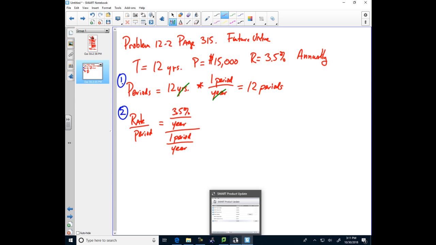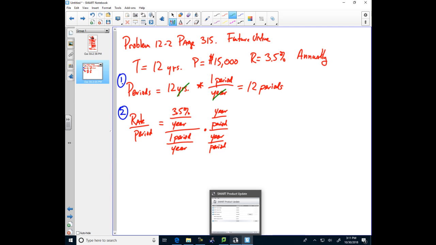This is a complex fraction, isn't it? To simplify this, you invert the denominator. So here's what you're going to have. You're going to have year over period and then year over period. Remember how to simplify a complex fraction? And the reason I did this, the thing I added here, the year divided by period divided by year divided by period, that's equal to 1.